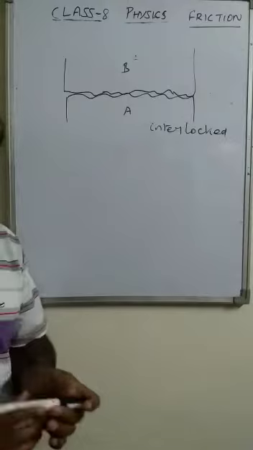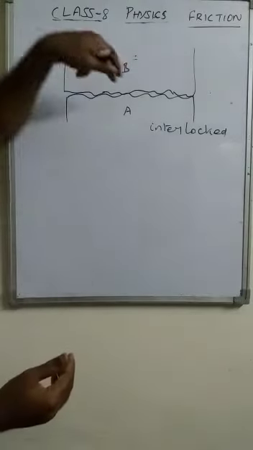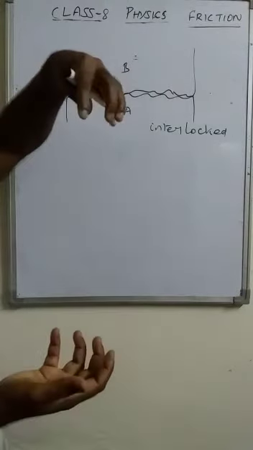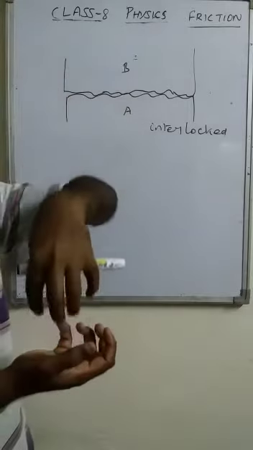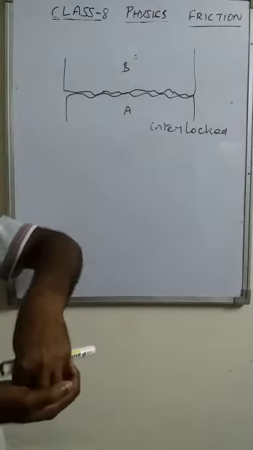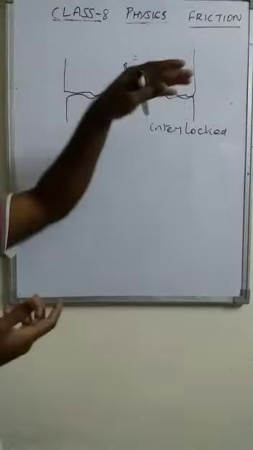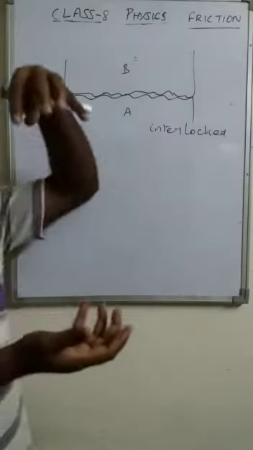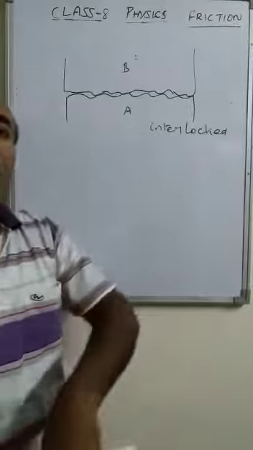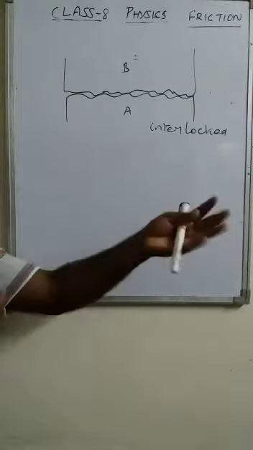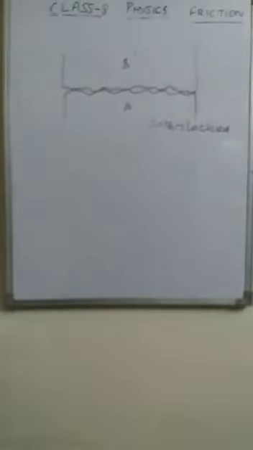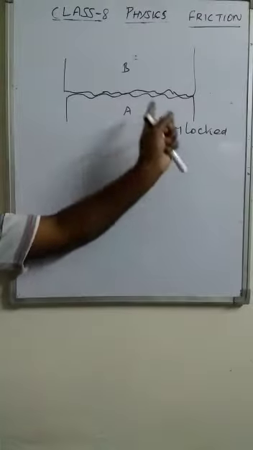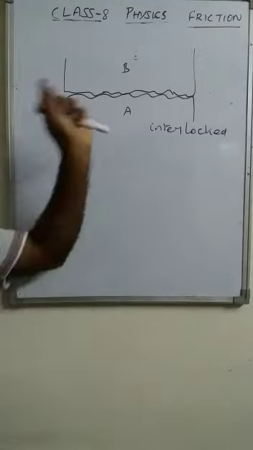Interlocking means the up of one surface goes into the down of another surface and vice versa. It takes place irregularly, randomly, on both the surfaces. That we call interlocking of irregularities.